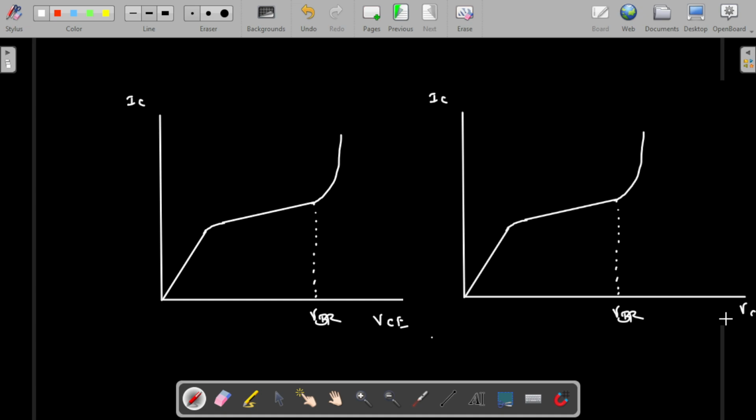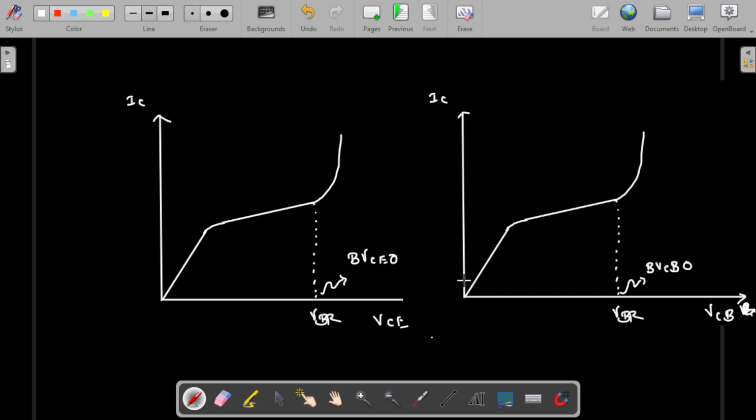Here we are taking two different characteristics. This is the characteristic curve where the breakdown voltage is there, and this breakdown voltage can also be named BVCEO, and this one BVCBO.